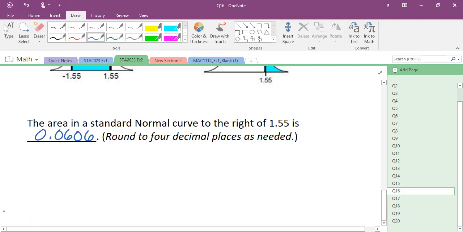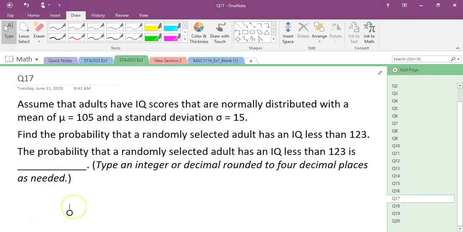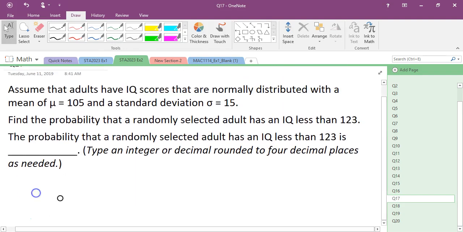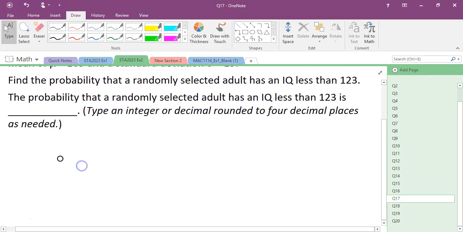All right. 17, 18, 19, all these are going to be just like what we saw. So it says assume that adults have IQ scores that are normally distributed with a mean of 105 and a standard deviation of 15. Find the probability that a randomly selected adult has an IQ less than 123.